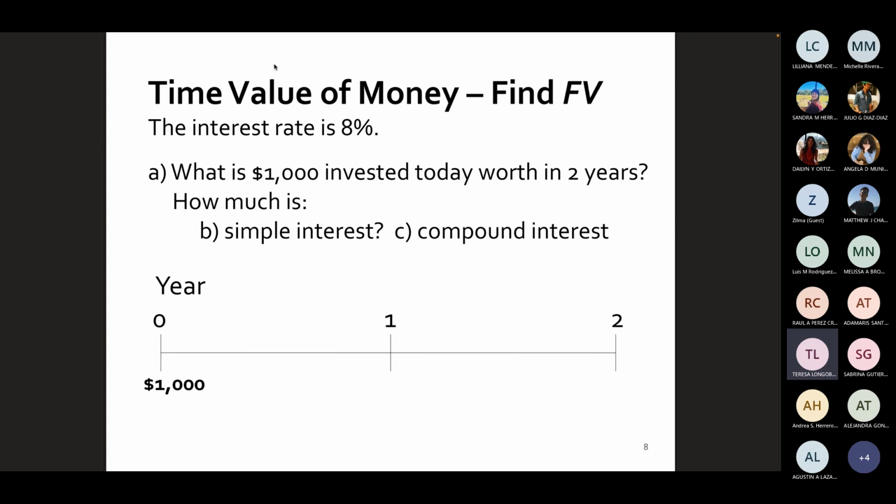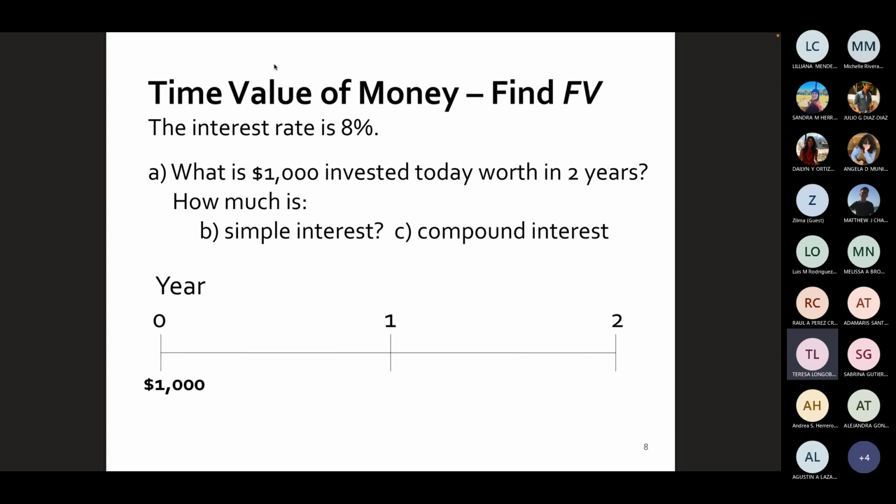In what we're talking about, we're going to be able to invest or lend. So here I'm going to talk about investment. So how much will that $1,000 be worth in 2 years? How much will be simple interest and how much will be compound interest?